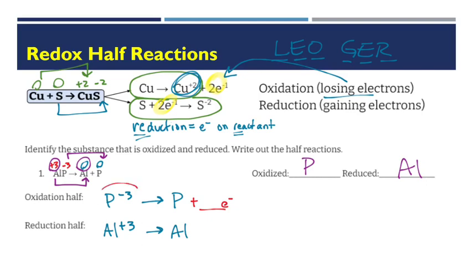But here, keep in mind, in order for a -3 phosphorus to turn into a regular old phosphorus, it's going to have to lose those 3 extra electrons that were putting it over being neutral, those 3 negative electrons that was making us a -3 charge. And this aluminum +3, in order to turn into normal aluminum, would have to add 3 electrons in, gain 3 electrons. And so we are going to put those electrons on the reactant side for reduction.